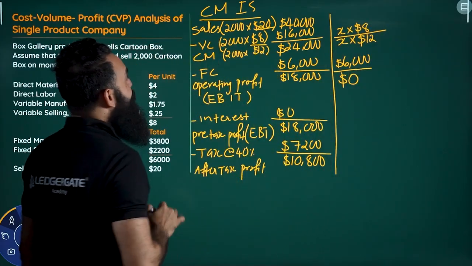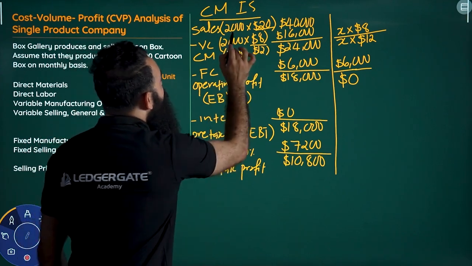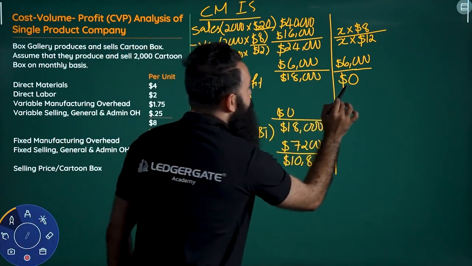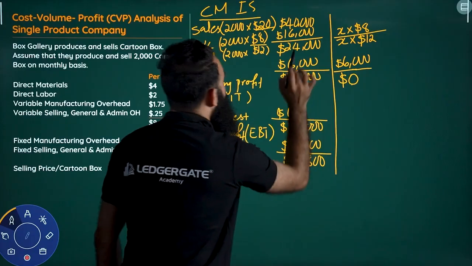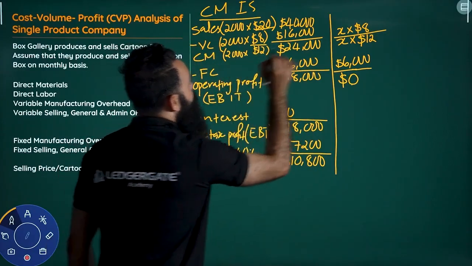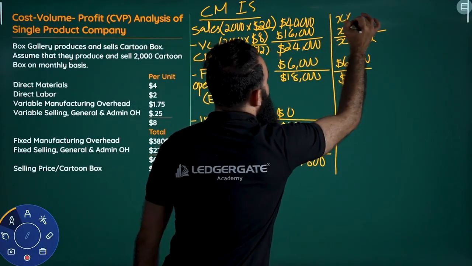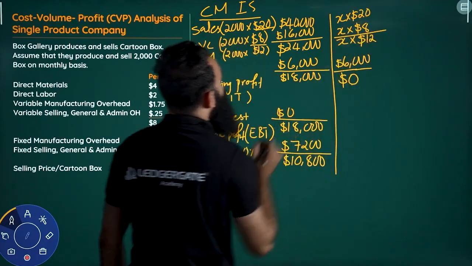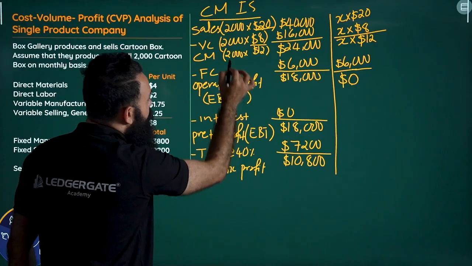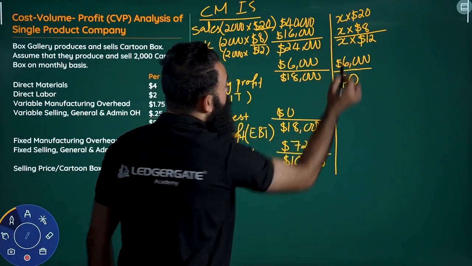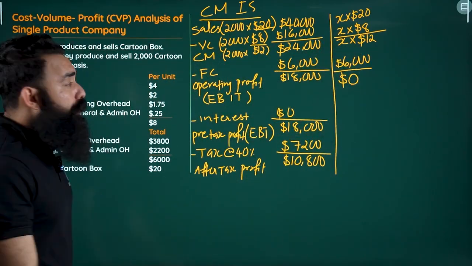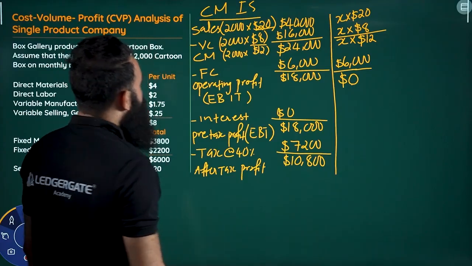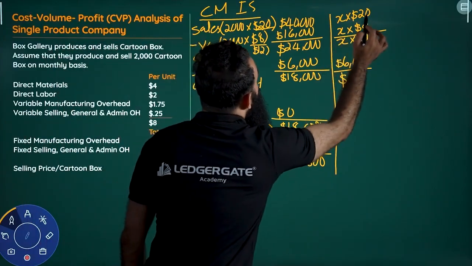And what about sales? The units will be something else in order to break even, but the price never changes. So for that also we put X into 20. The units are the same, so instead we put X because we don't know that particular unit. X into 20 is our sales.